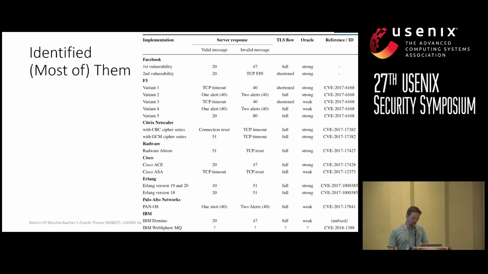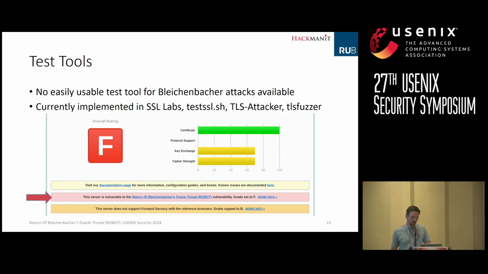So we notified them, they fixed this. In addition to our responsible disclosures, we were not able to track every vendor. So as a part of our responsible disclosure, we also informed developers of different test tools like SSL Labs, TLS-SH, or TLS-Fuzzer.